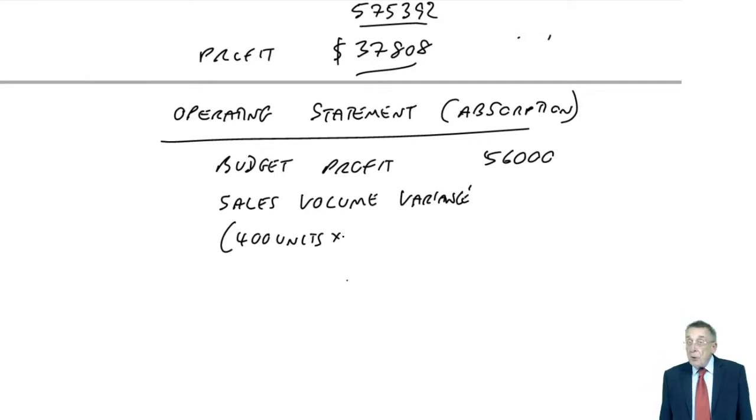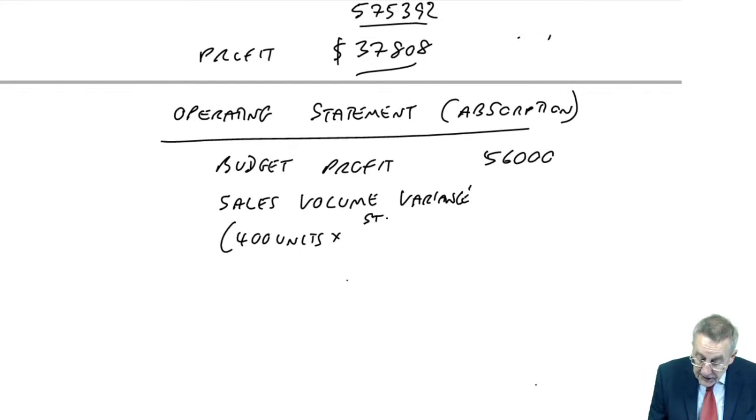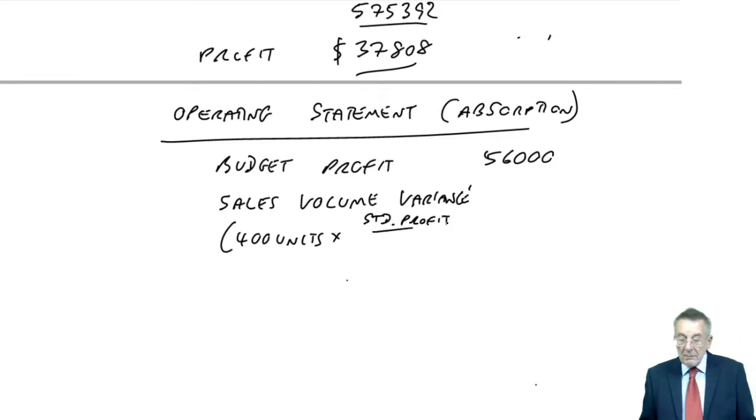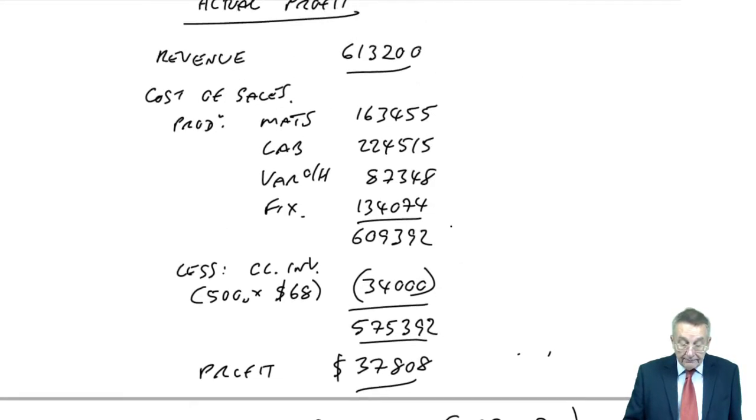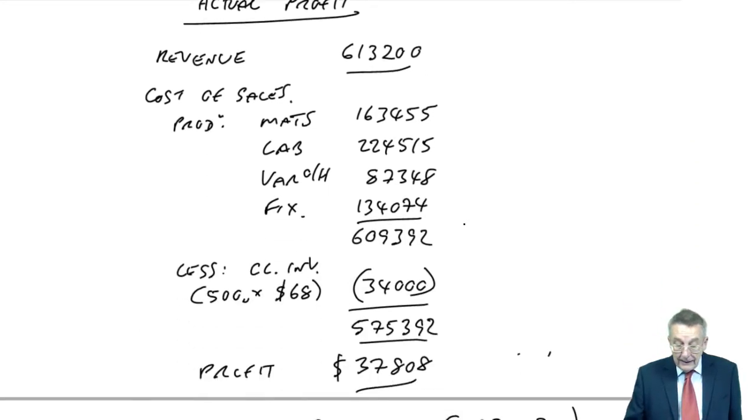However, when we're using absorption costing, we say, well, how much extra profit do we expect from those units? We multiply by the standard profit. And the standard profit we worked out a moment ago, $7 a unit.